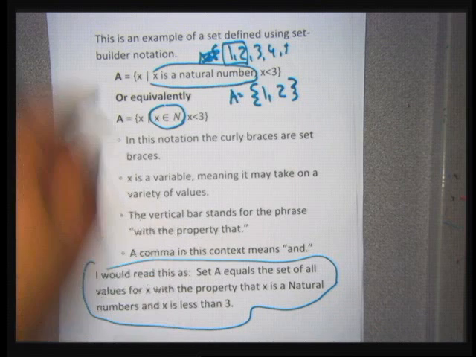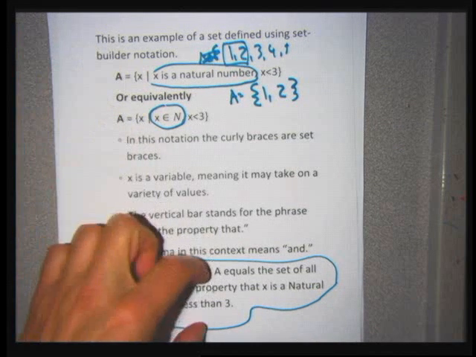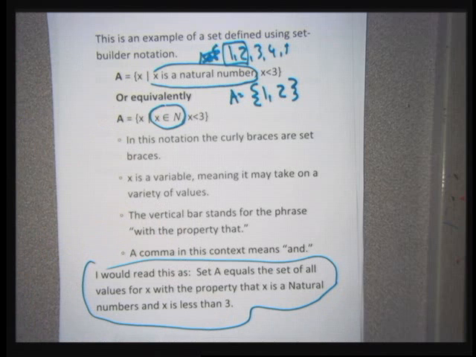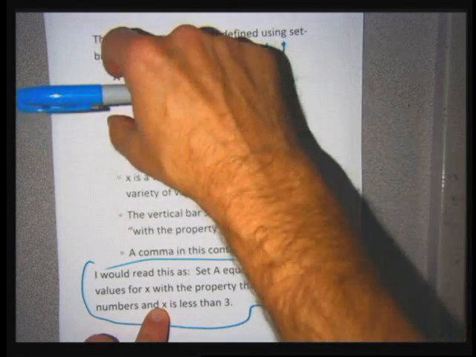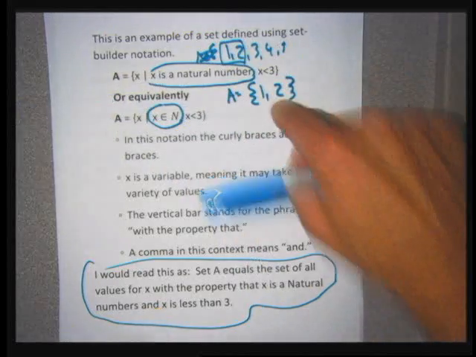Translating these symbols into words produces a word description of the set. A equals a set of all values of x with a property that x is a natural number and x is less than 3. That is a word description of a set that's equal to the set that has the numbers 1 and 2.